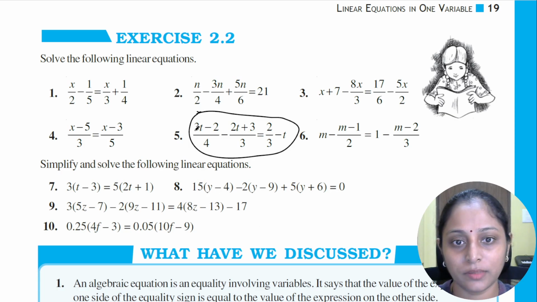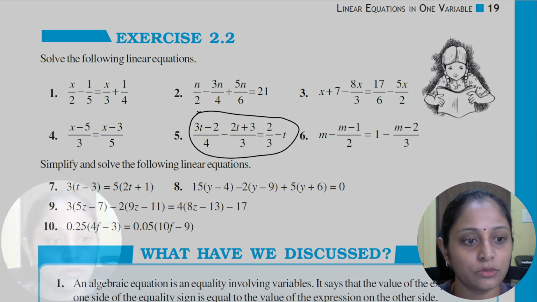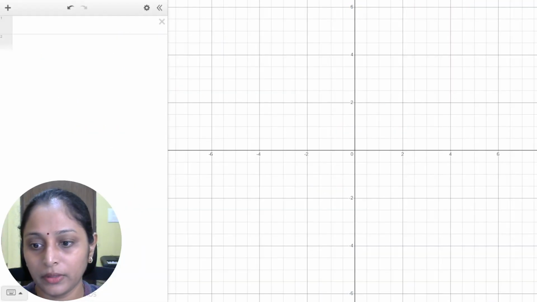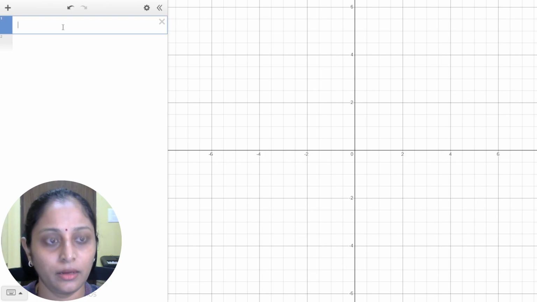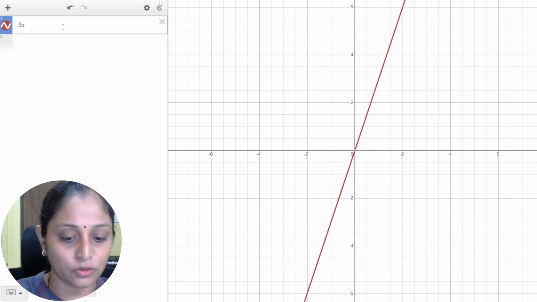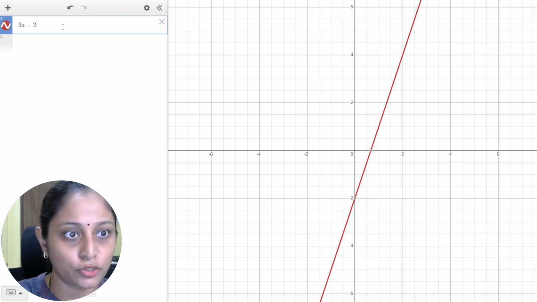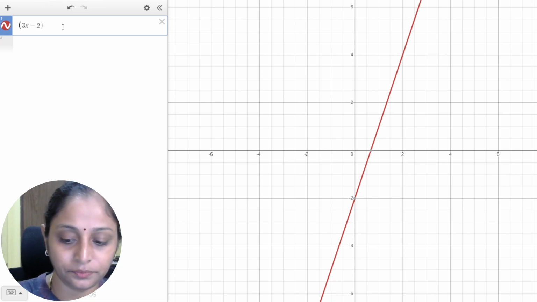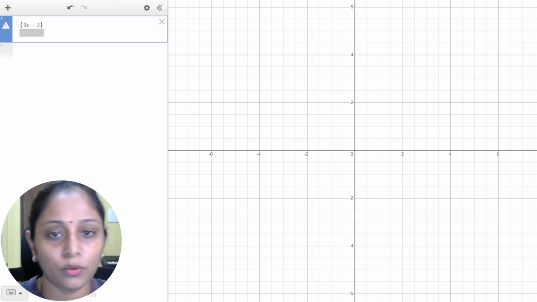See the first term here, 3t minus 2 by 4. So let's go back to this. 3t. So I'm going to take the variable as x always. 3x minus 2, and I need a bracket, by, what was that? 4.